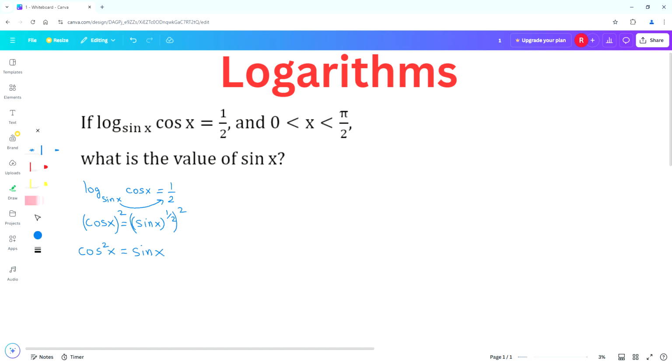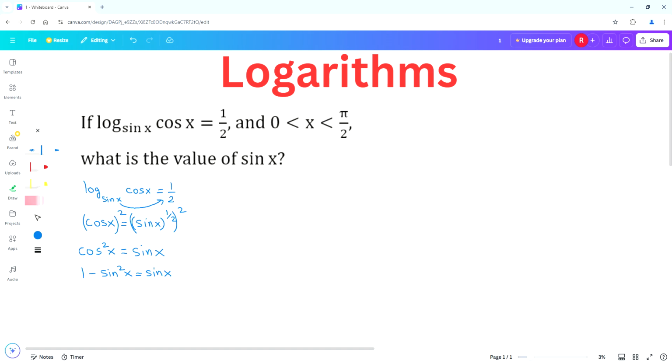Next we should use Pythagorean identity to change cos square x into sin square x. As per this identity, cos square x is equal to 1 minus sin square x. Now we have just sine ratio in this equation.